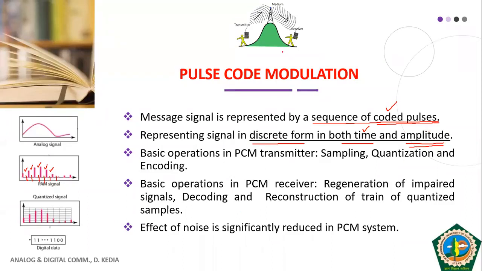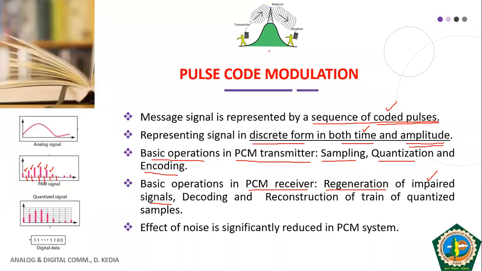In a PCM transmitter, the basic operations involved are sampling, quantization, and encoding. In a PCM receiver, obviously the reverse of the transmitter operations takes place. So the basic operations in the PCM receiver include the regeneration of the impaired signal. Why do we say impaired signal?